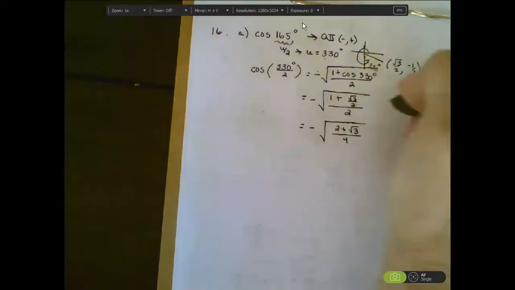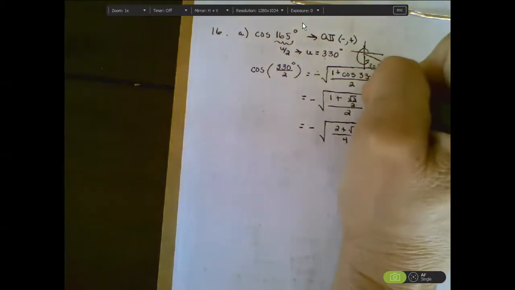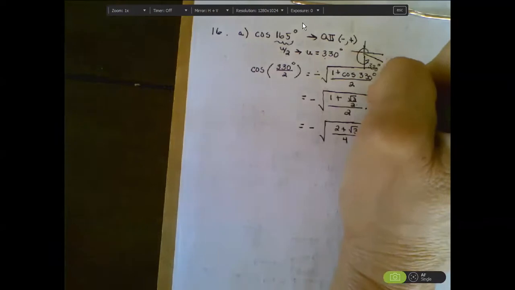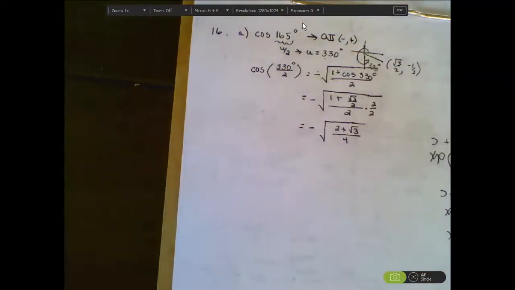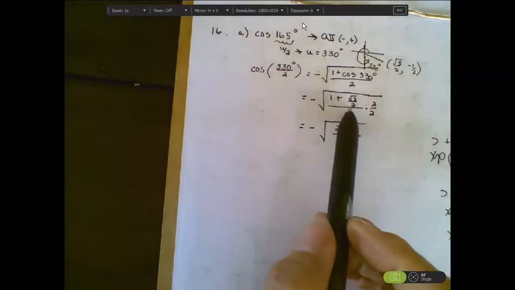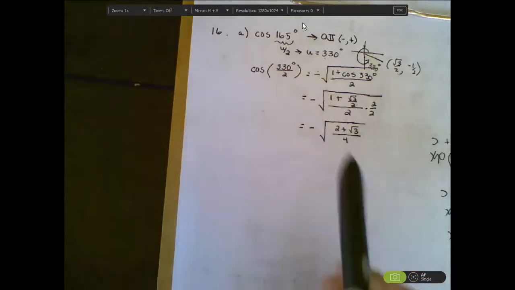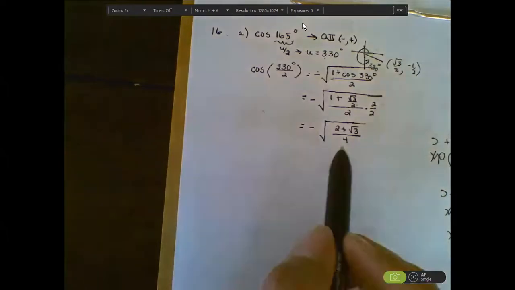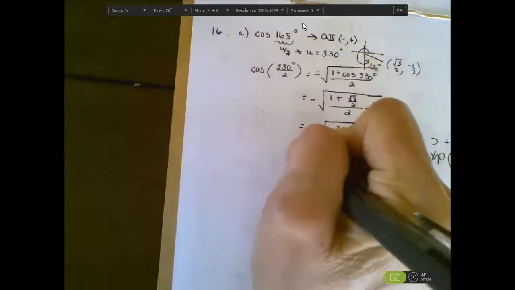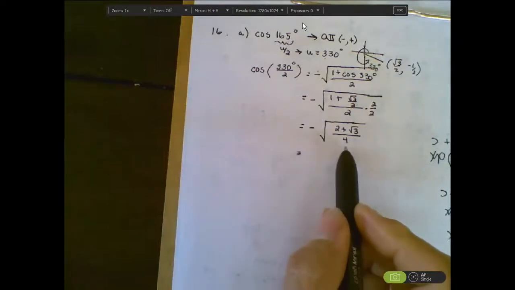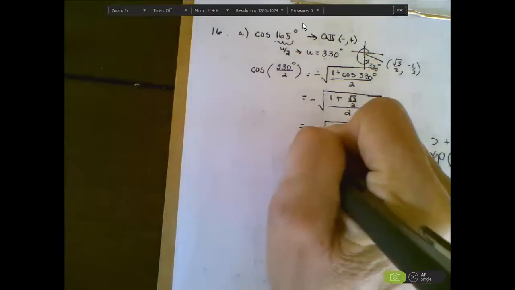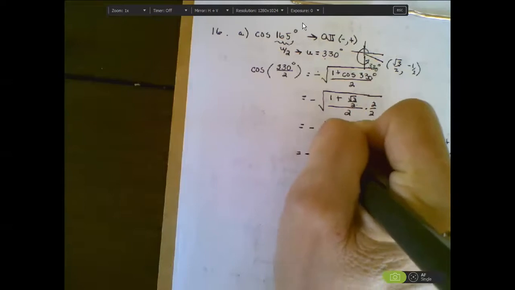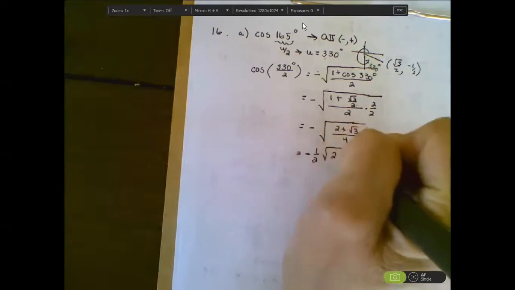Another way, it may be easier for you to think about it this way, if you multiply under the radical by 2 over 2 to clear out the baby denominators, this is what you would get. And that's okay, but you probably wouldn't leave it that way, because you can take the square root of 4 and just bring that coefficient 1/2 out in front of the big radical.